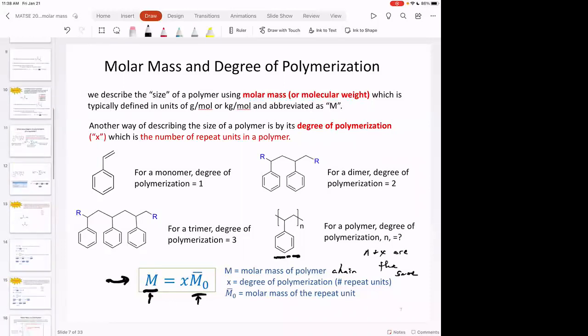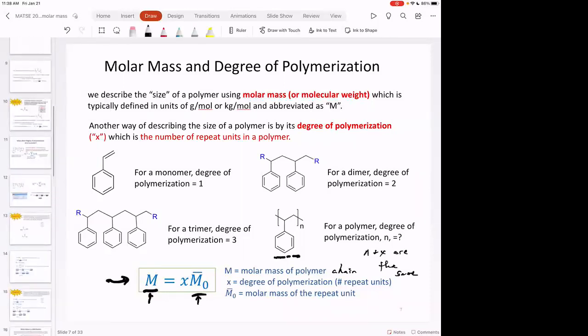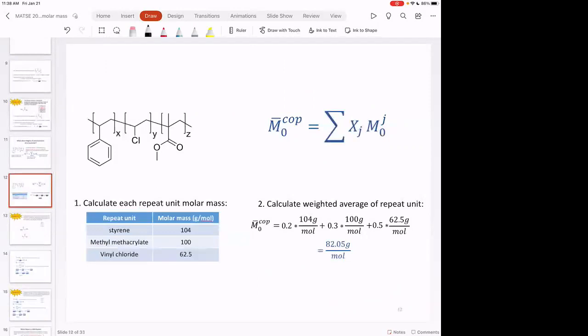All right, and you know how to do this. Remember, the key for the copolymer equation, or M bar 0 of a copolymer, is that this is a weighted average based on mole fraction.